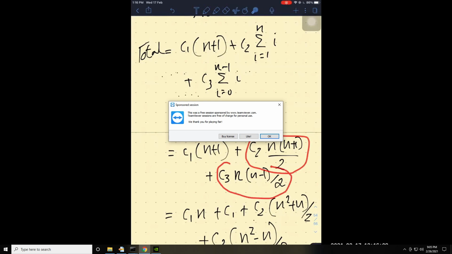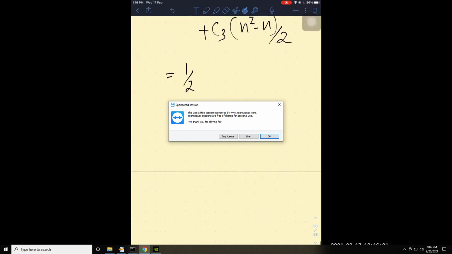For these two, we have the formula for the arithmetic progression. The sum of the first n natural numbers, 1 plus 2 plus up to n, will be n times n plus 1 divided by 2.